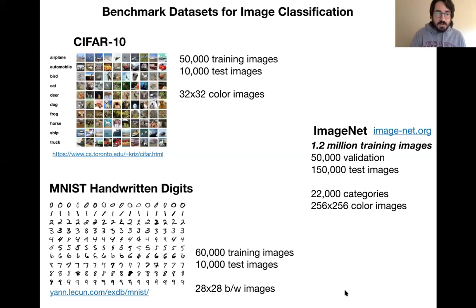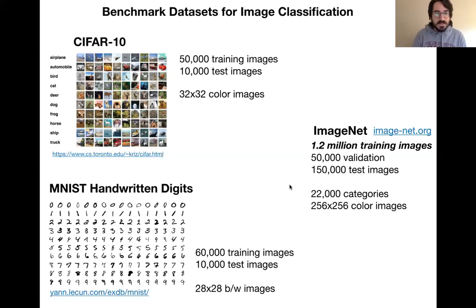Another commonly used data set is the MNIST handwritten digits. And the goal here is the same. See a handwritten digit and classify it correctly, get the right number, right? And this is slightly larger, 20,000 training images. And then there's also a newer and perhaps more challenging benchmark, which comes from the ImageNet data set. In this, there's 22,000 categories.